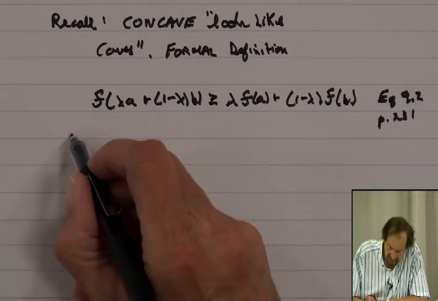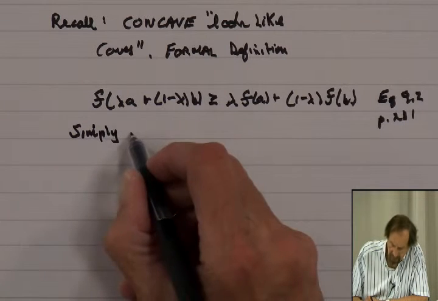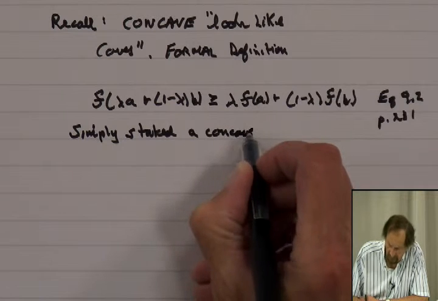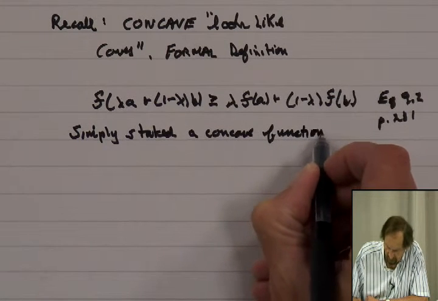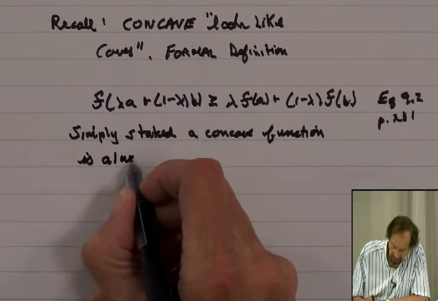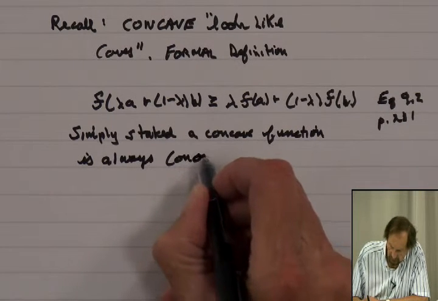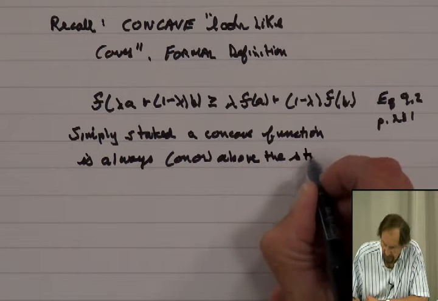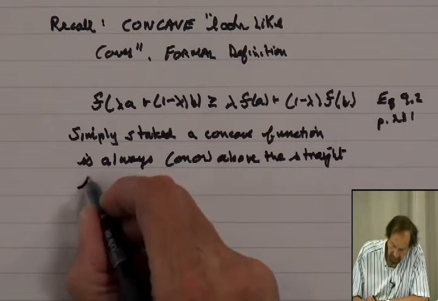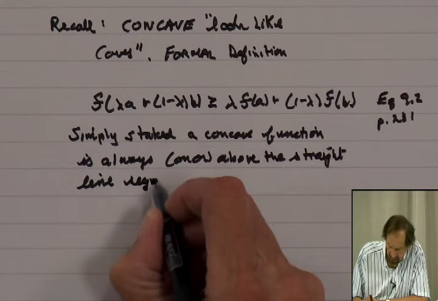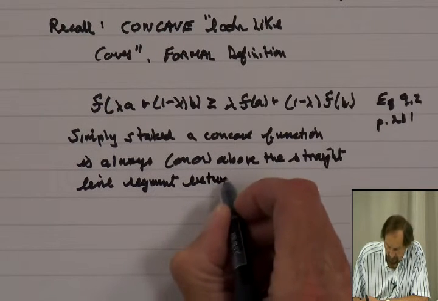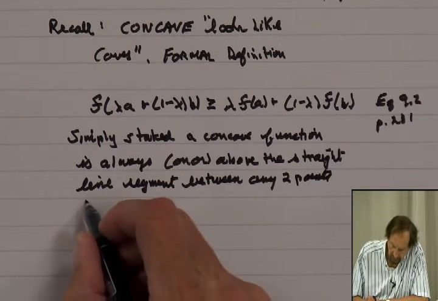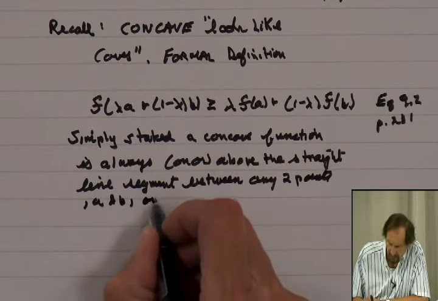Simply stated, a concave function is always on or above the straight line segment between any 2 points, we'll call these A and B, on the function.